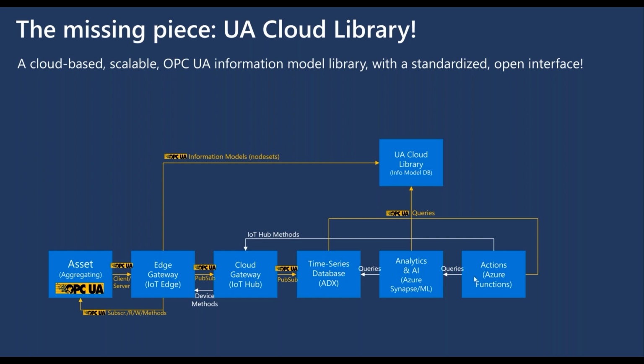There's another session today specifically on the cloud library. It's been running as a collaboration with the Clean Energy and Smart Manufacturing Innovation Institute in the US, so we're going to hear about that in detail later on.